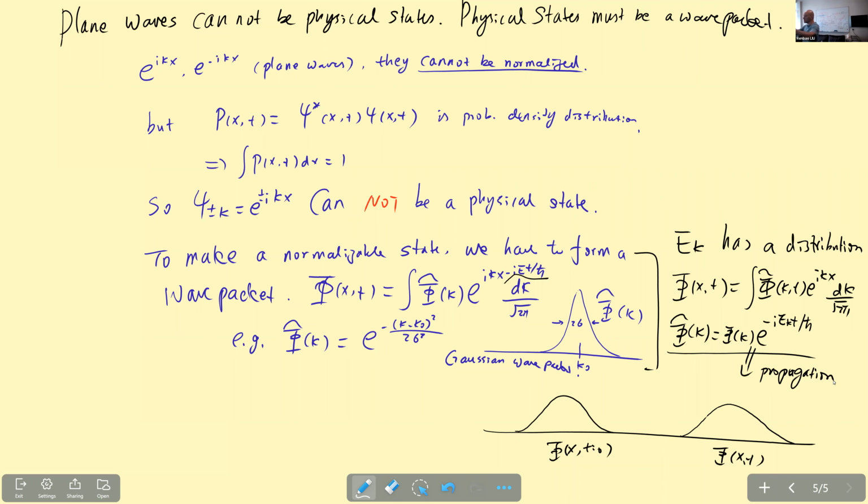The interference between different k components now will be different because this amplitude depends on the time.